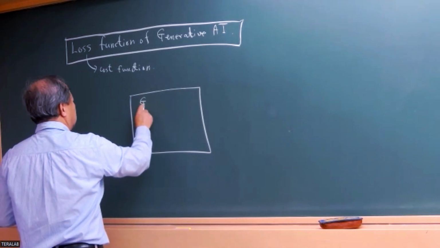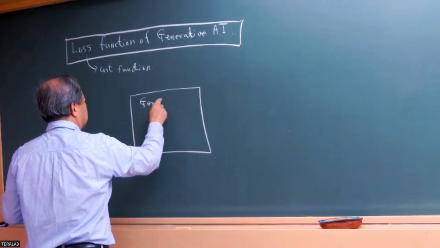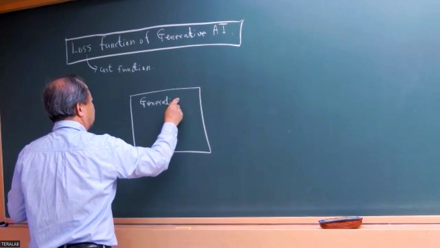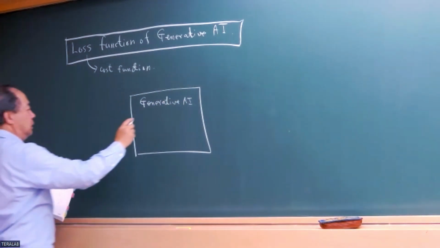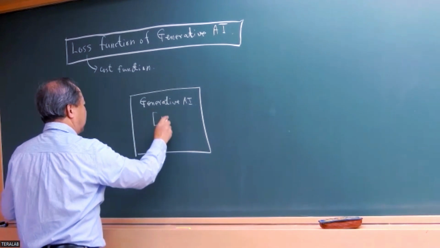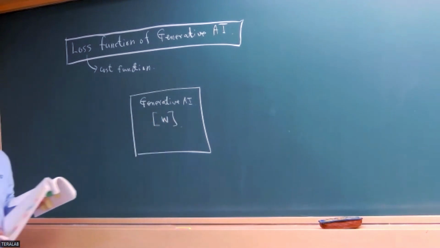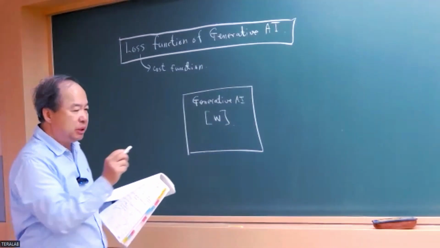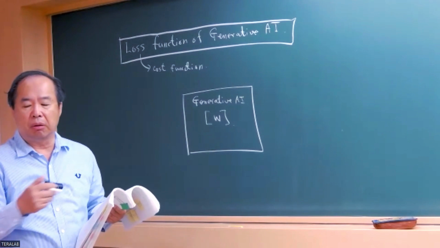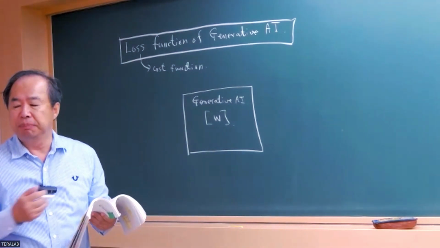Let's assume we have generative AI, and it will be represented by a set of weight matrices. The number of elements in this weight matrix could be 1 billion or 100 billion in the future.